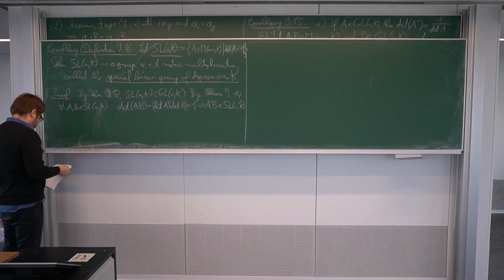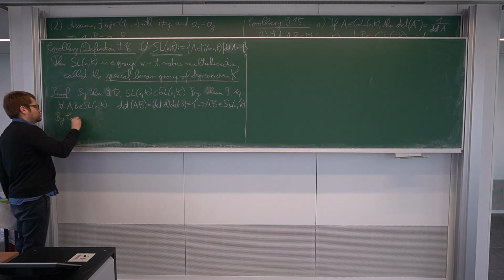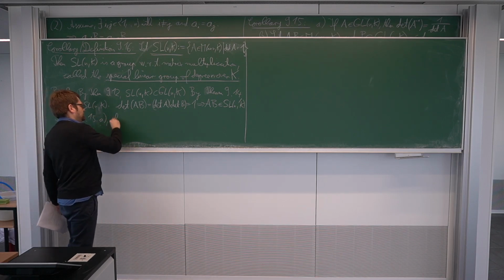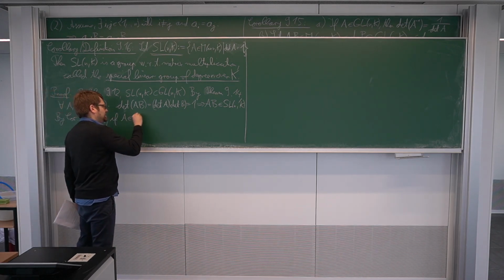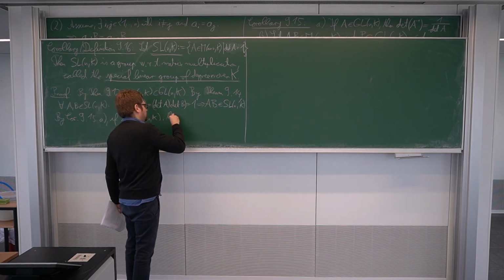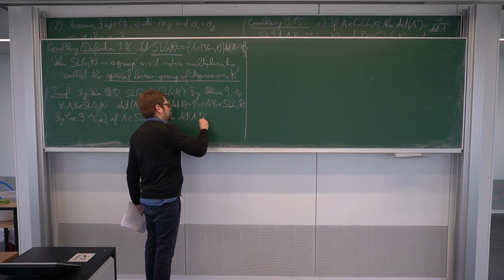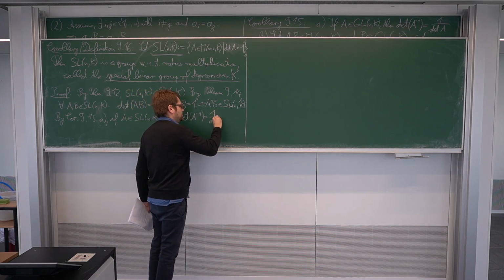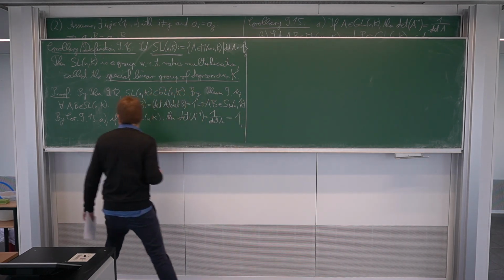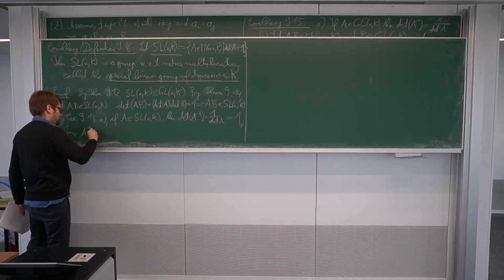Okay, and now for the inverses, this is now by corollary 915 part A. If A is in SL(n, K), then det(A^{-1}) is just 1 over det A. This is 1, so we have 1 over 1, which is 1. And so the inverse is in there again.